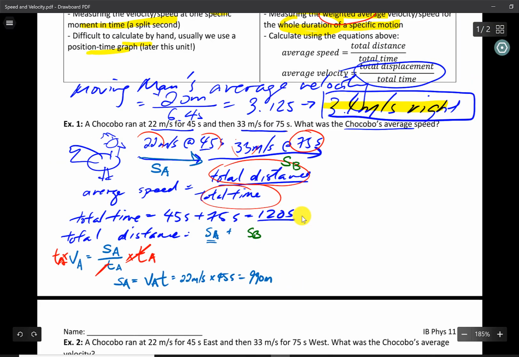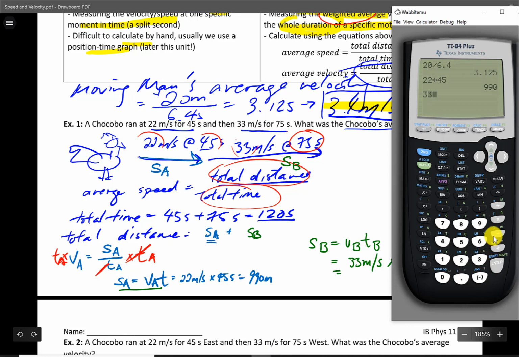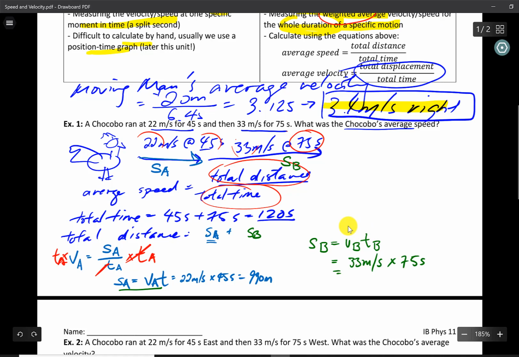Okay, we can do the same thing for SB over here, and using the same equation we got for SA, the distance traveled in segment B is the velocity or the speed we have times the time, which is 33 meters per second times 75 seconds, and taking that gives us 2475 meters as a total.